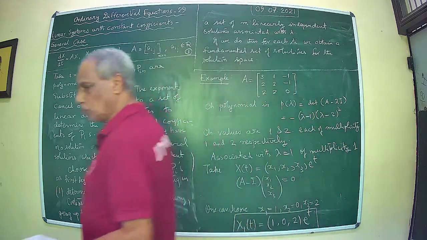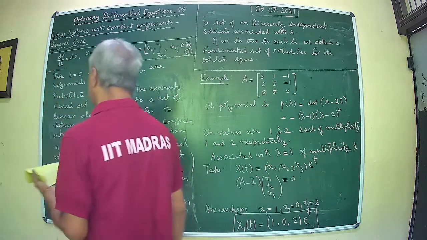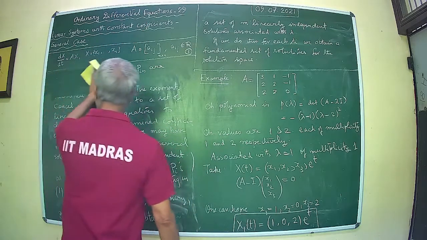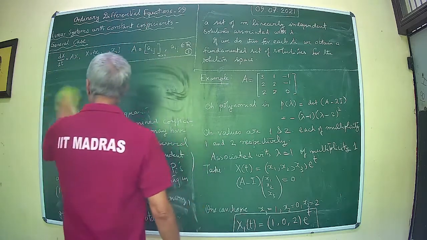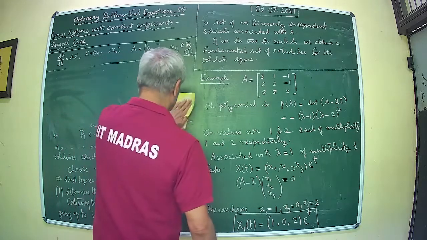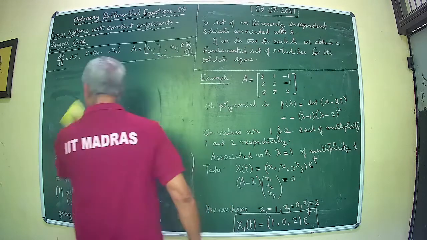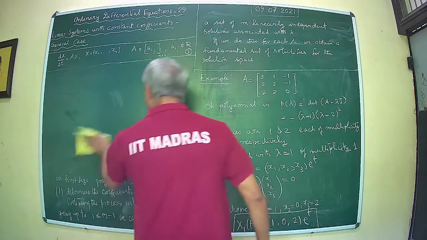Now from 2 we have to construct the other solutions. So with 2, what do you have?